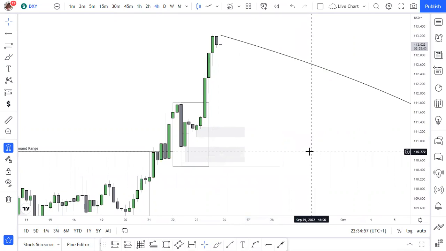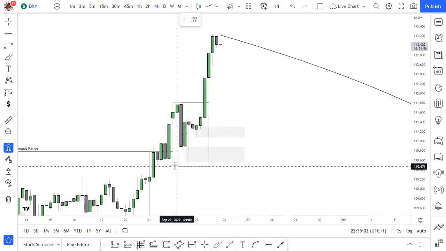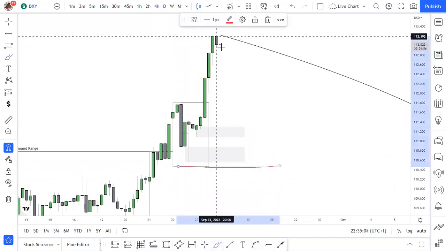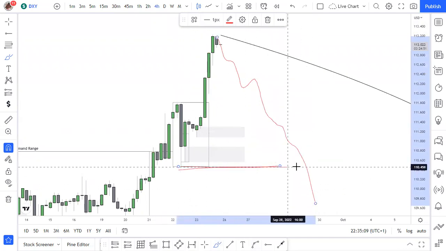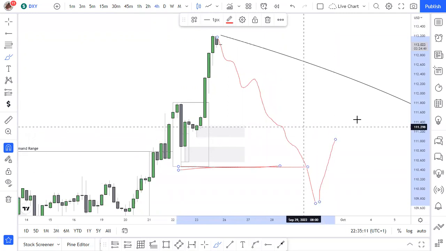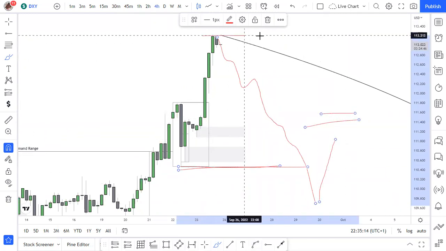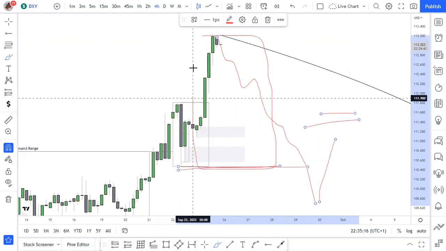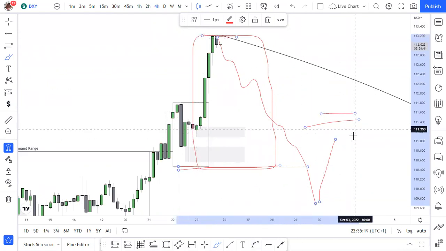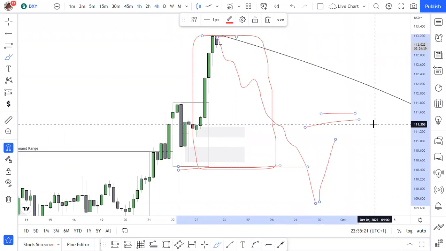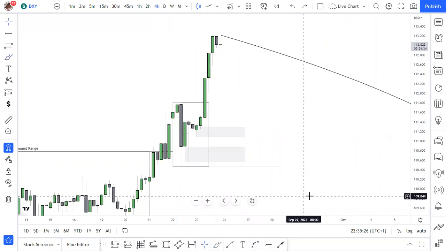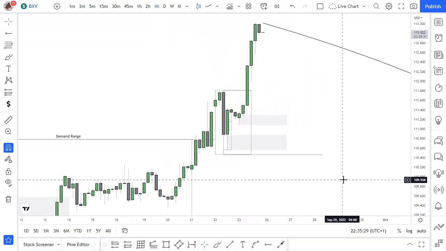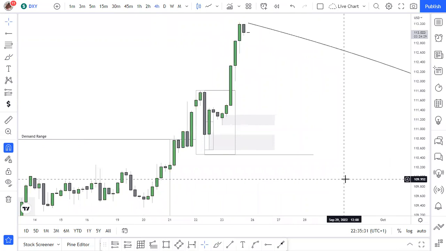But until we get some kind of pullback and price breaks this low, then we can look for sales within the newly created supply range and try to take advantage of that daily pullback. But until that happens, we will have to keep following the structure on the 4 hour time frame.